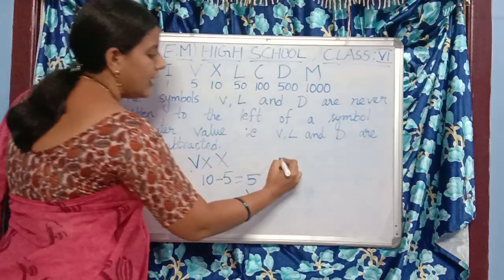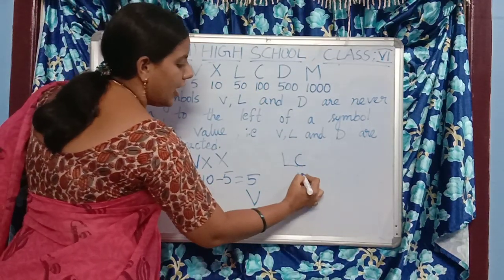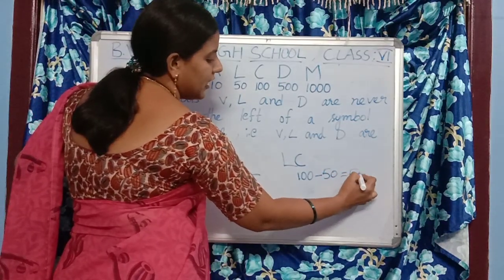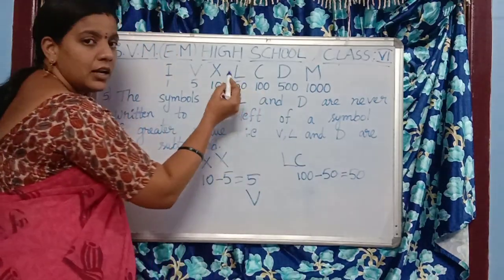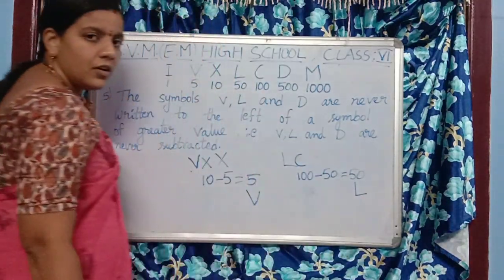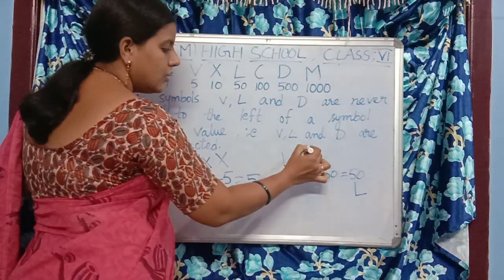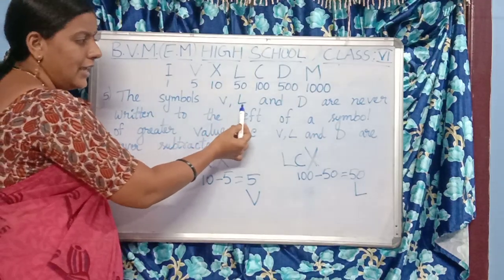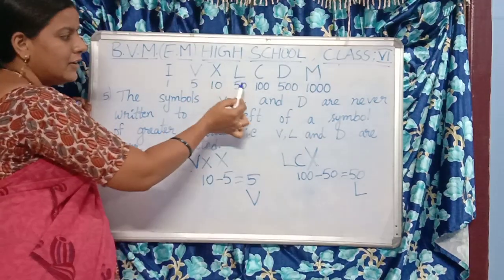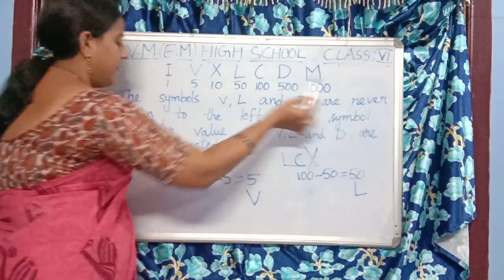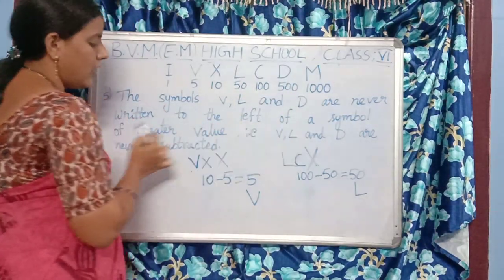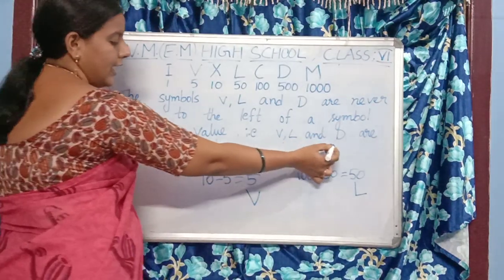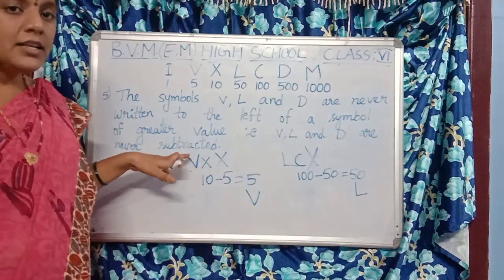Look here, LC. 100 minus 50 is 50. But we already have the symbol L for 50. So this is also not correct. The symbols V, L, D, meaning 5, 50, 500, are never written to the left of a symbol of greater value. V, L, D are never subtracted.